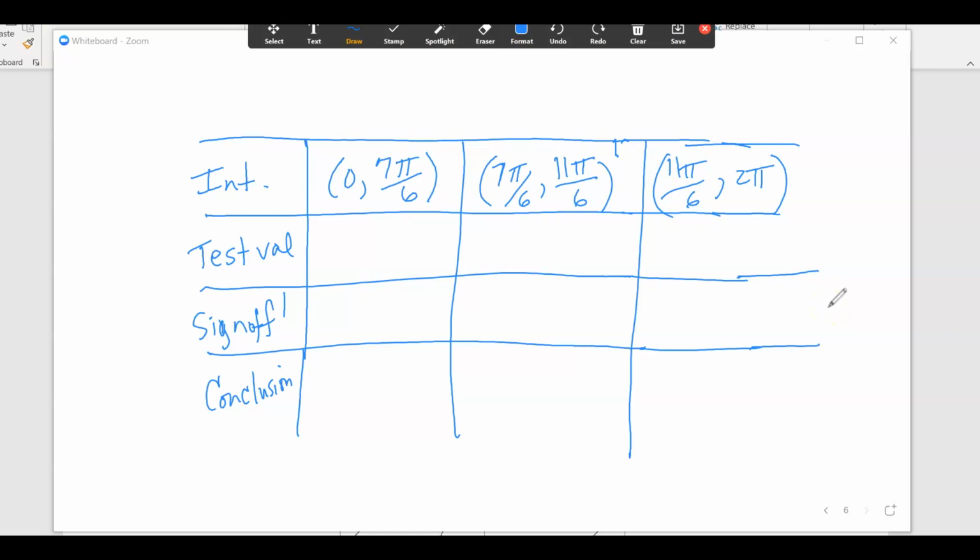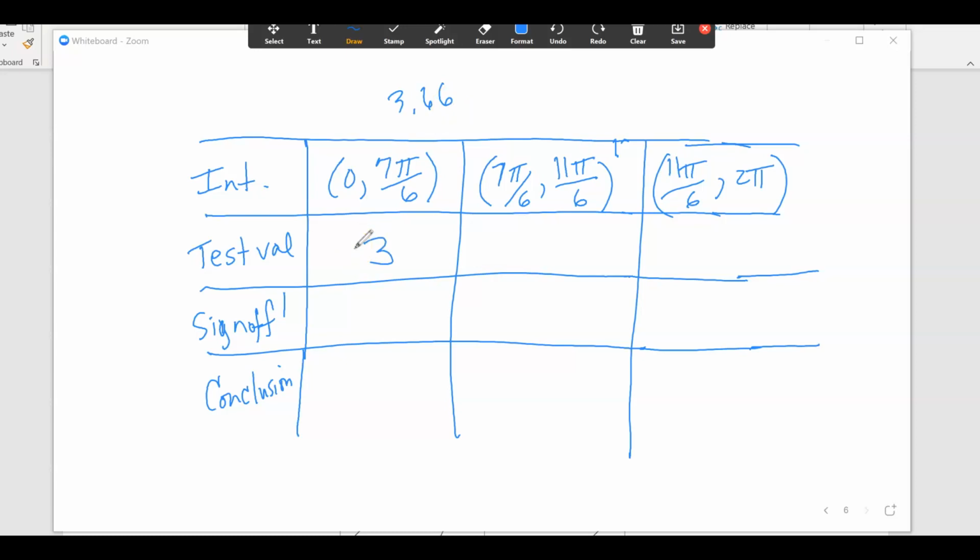So let me just plug into my calculator to get a decimal to see what value 7 pi over 6 is close to. So that's about 3.66 something. So let's plug in a 3 here.